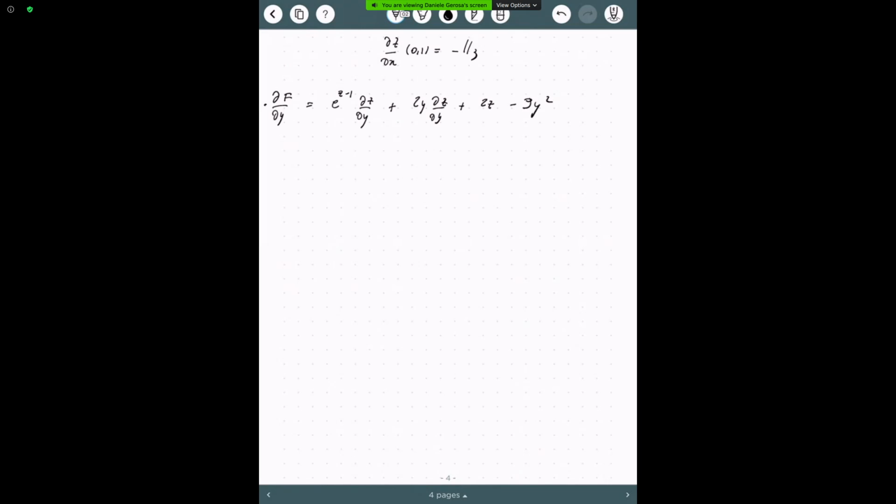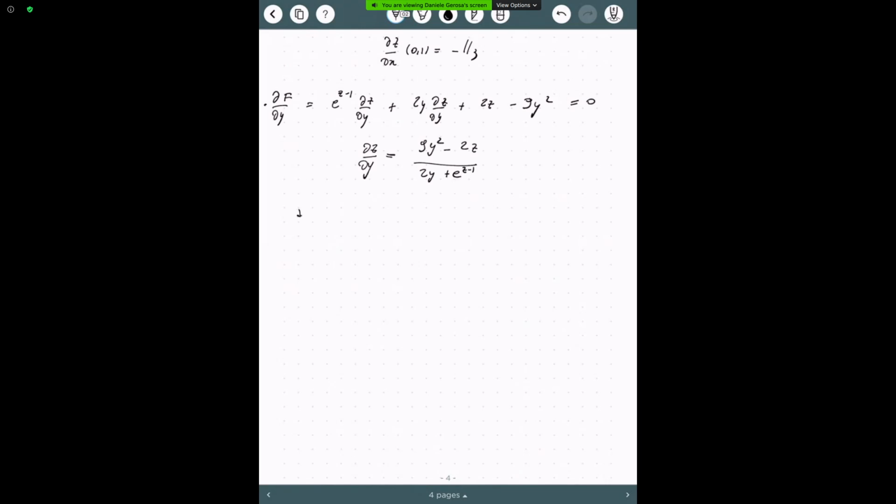This is equal to 0. And we have that the partial derivative of z with respect to y is locally equal to 9y squared minus 2z divided by 2y plus e to the z minus 1.